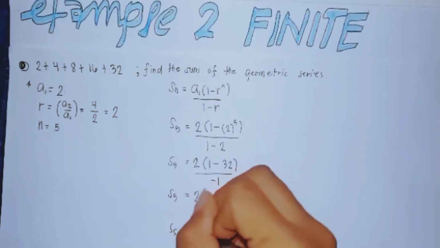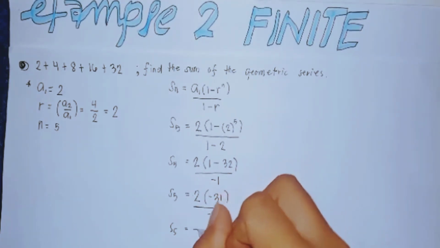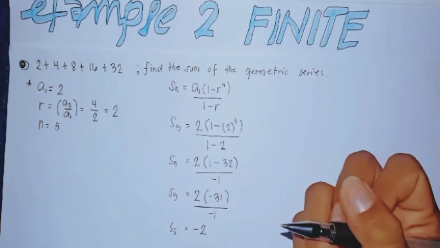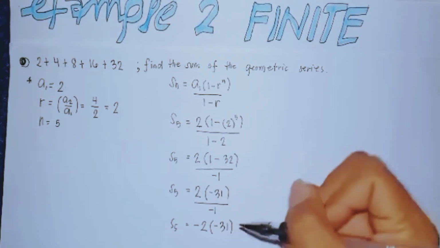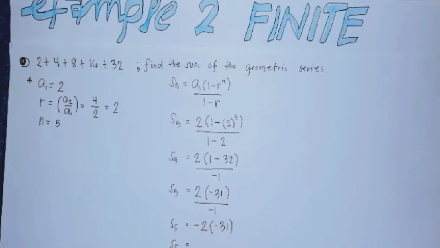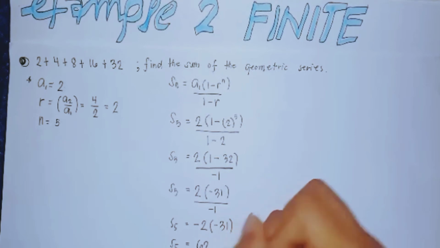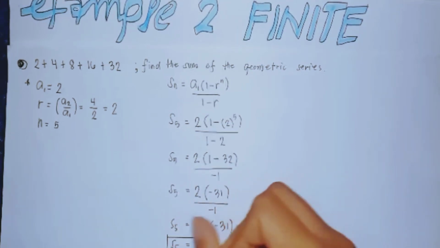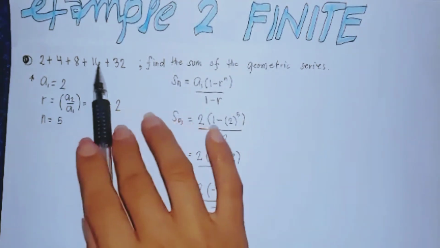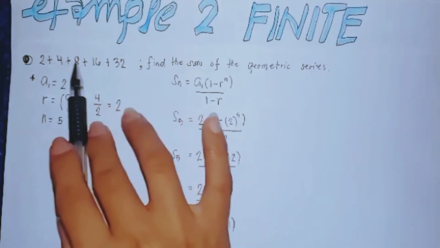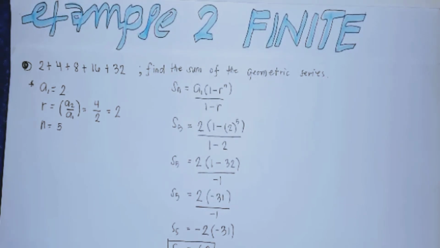So here, pwede na natin i-divide si 2 by negative 1, which will lead to a quotient of negative 2. And then multiply it by negative 31. So our S sub 5 is equal to positive 62. So what does S5 is equal to 62 mean? Ibig sabihin po niyan, when we add all these terms, 2 plus 4 plus 8, 16 plus 32, the final answer that we will get is positive 62.